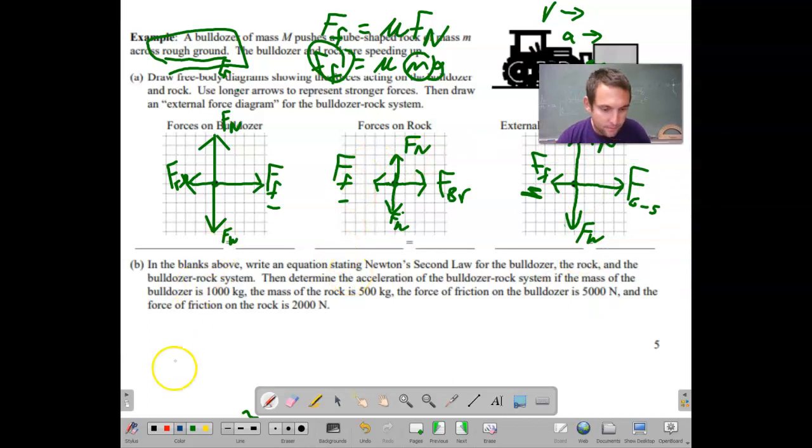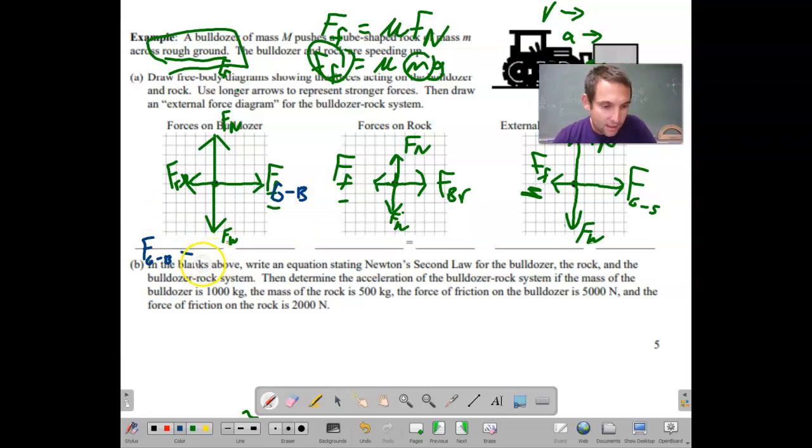So first, I'm going to change colors here, and I'm going to do my Newton's second law equation for the forces on the bulldozer. Stuff that makes it go is going to be that force of the ground on the bulldozer. That's what's making it go. Friction, force of the ground on the bulldozer, whatever you want to call that.